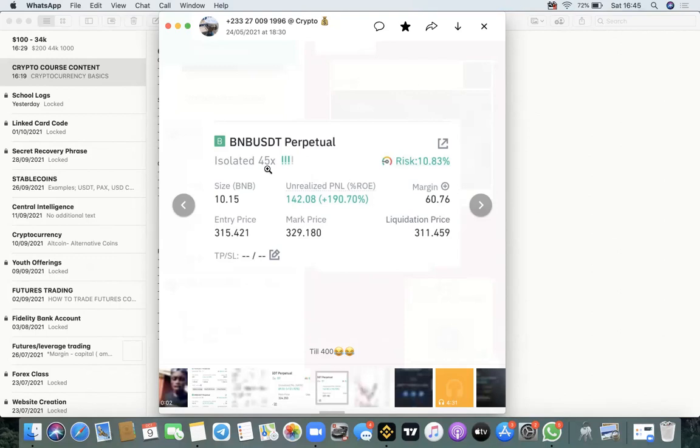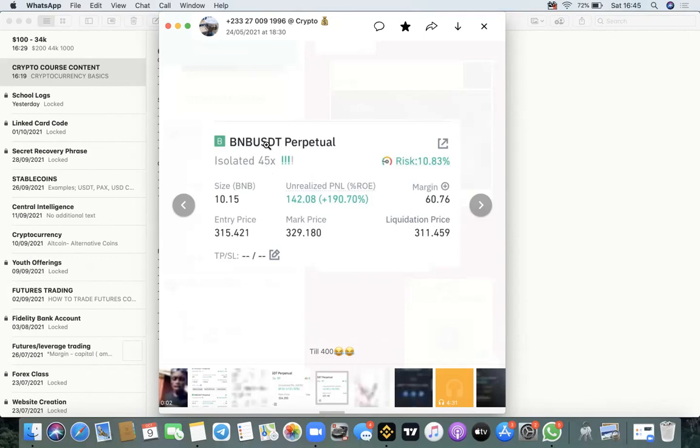But the higher your leverage, the higher the risk you are taking.